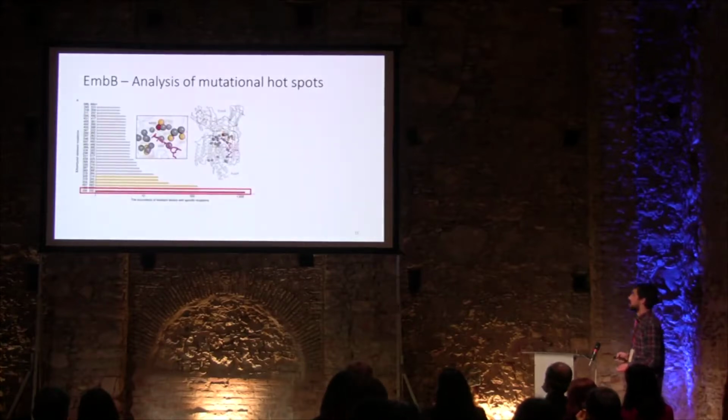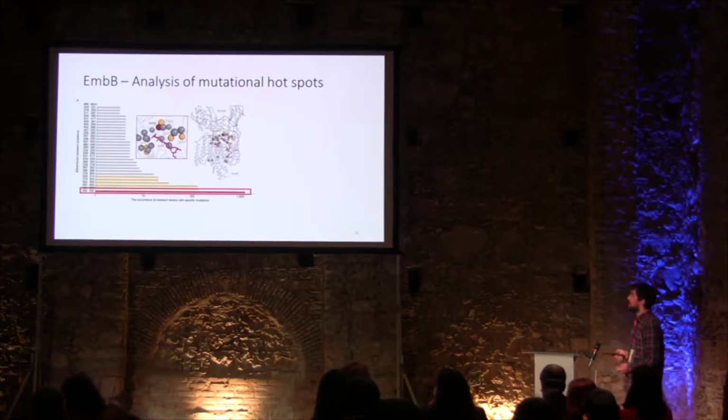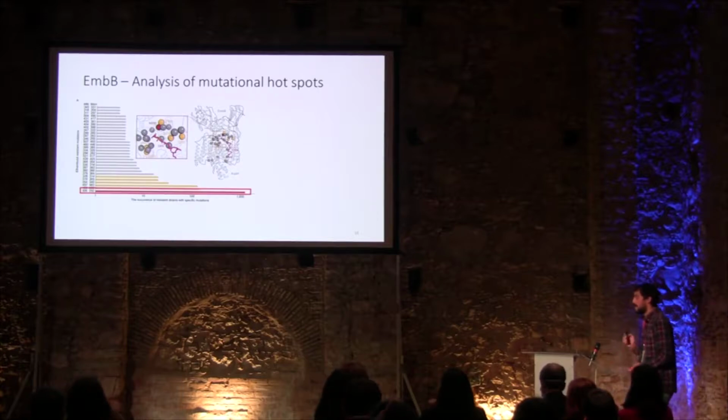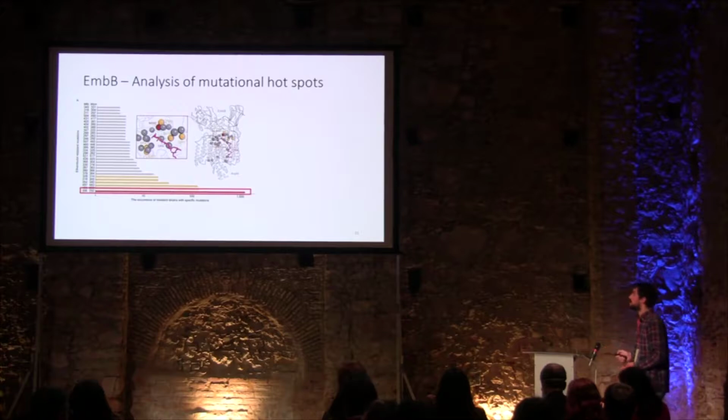But right now, with the published structure, we can do an in-depth study regarding EmbB, which has a lot of mutations that are clinically relevant to TB patients that have drug resistance against some drugs.